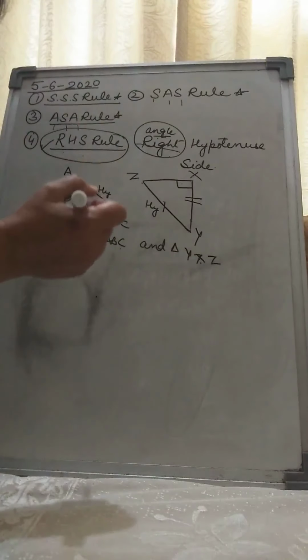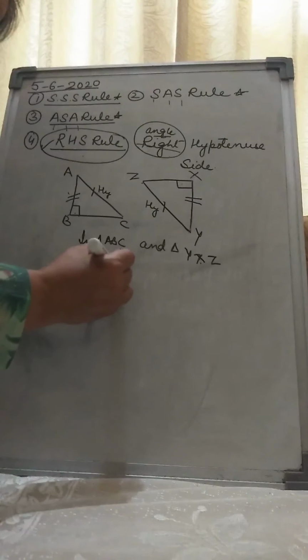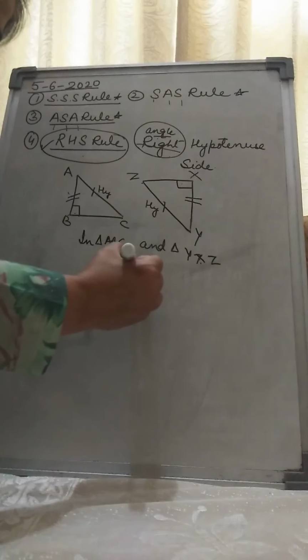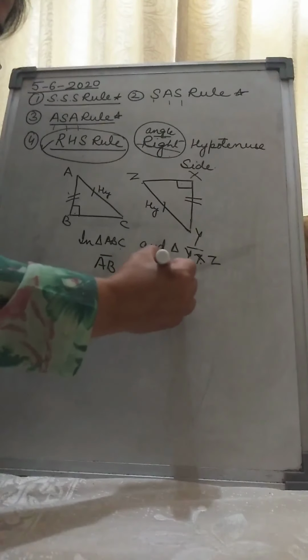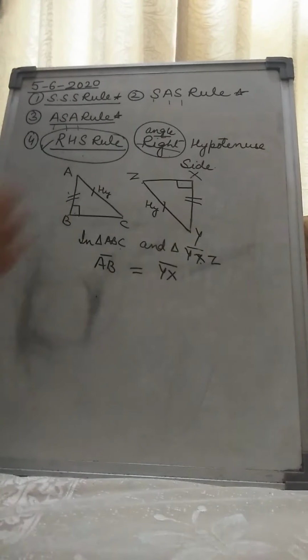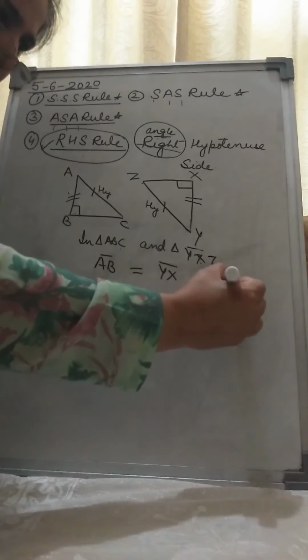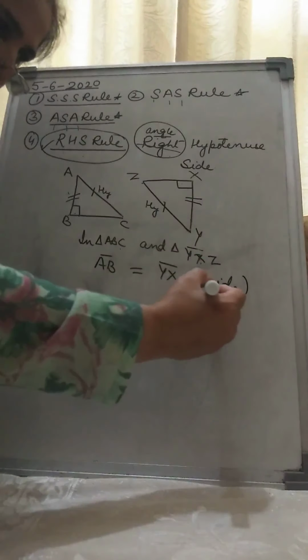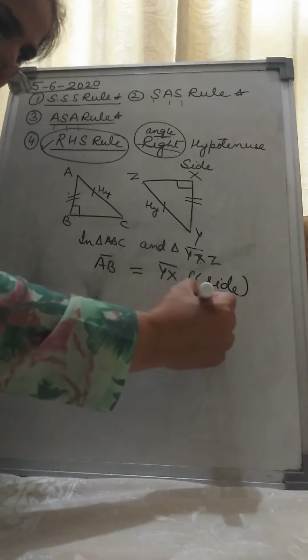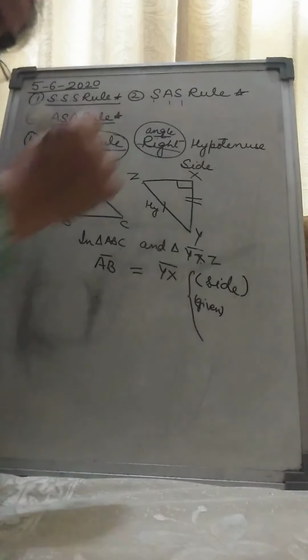Now you write the sides. AB side is equal to YX side, because this is the side of the right angle triangle. It is given, all these three things they are given in the figure, but I am telling you that this is the side.